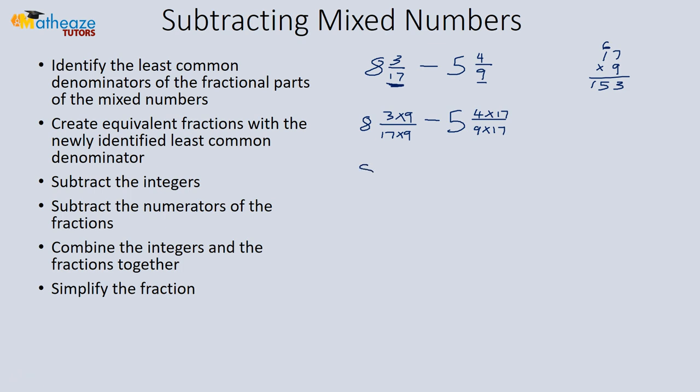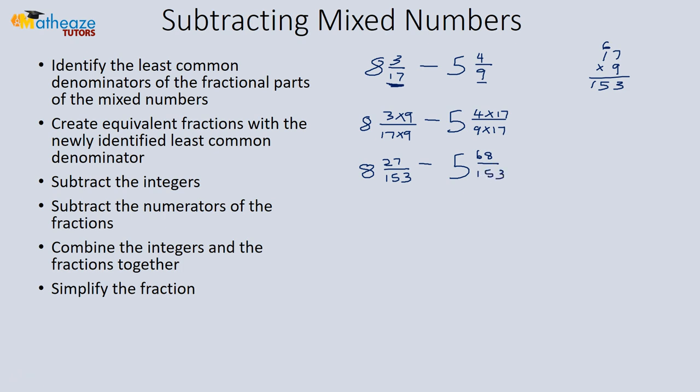So we have 8, 3 times 9 is 27 over 153, minus 5, 4 times 17 is 68, then we have 153.